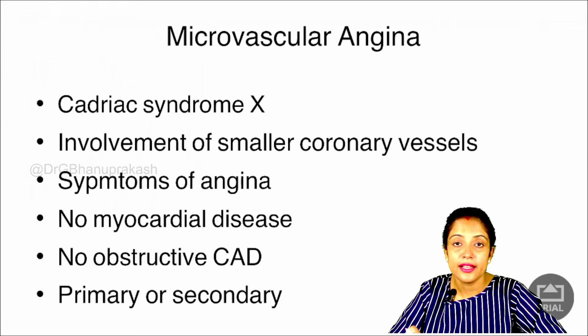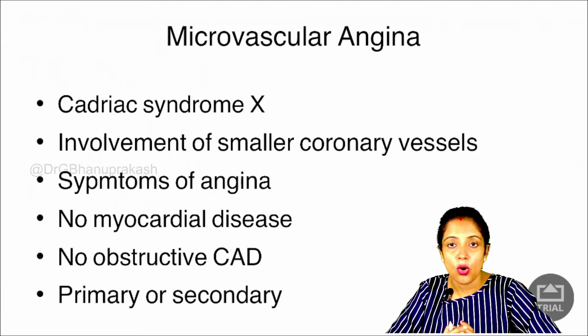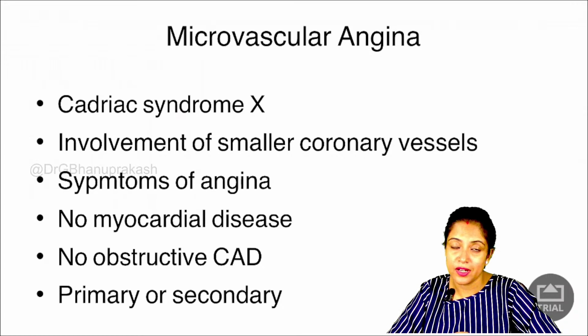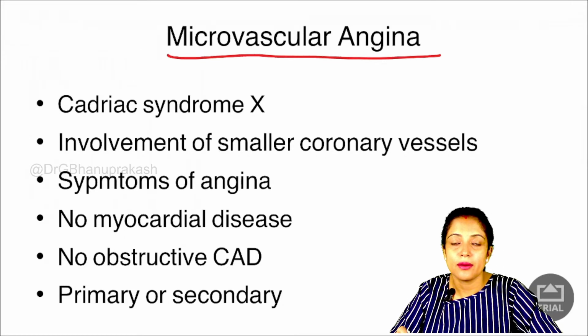Lastly, a little bit about microvascular angina. Till now, what I was talking about was all about the epicardial coronary artery, or macrovascular disease. Now, a little bit about microvascular angina. What is microvascular angina?